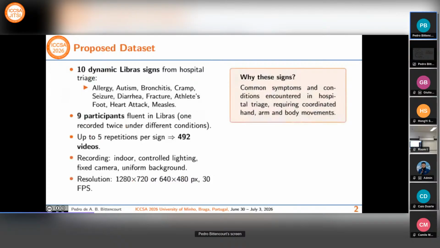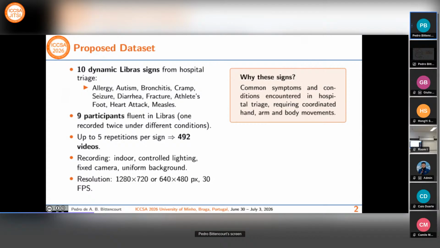To build such a system, we first needed a dataset of Libras signs covering this domain, and no public datasets of that kind exist today. To address this gap, we constructed a dedicated dataset composed of 10 dynamic Libras signs related to hospital triage.